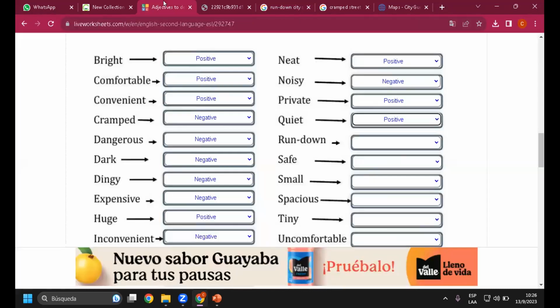Is the meaning for run down clear? Yes. And is that positive or negative? Negative. Yes, totally negative. Then we have safe. Positive or negative? Positive. Very good. Can you tell me a country that you consider is safe?